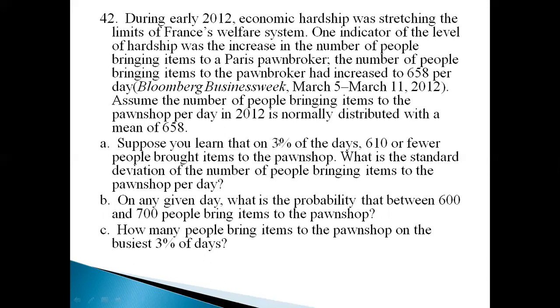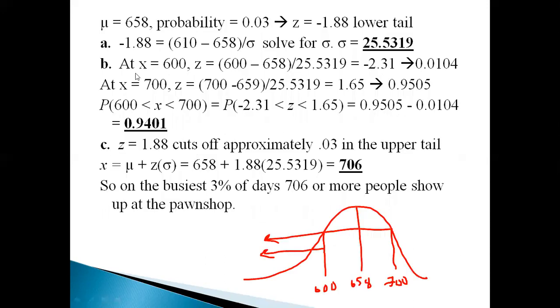So that 3% is going to be kind of our probability we need to look up in our table. 658 is going to be our mean. So a probability of 0.03 in our table gives us a z-score of roughly negative 1.88 for the lower tail.